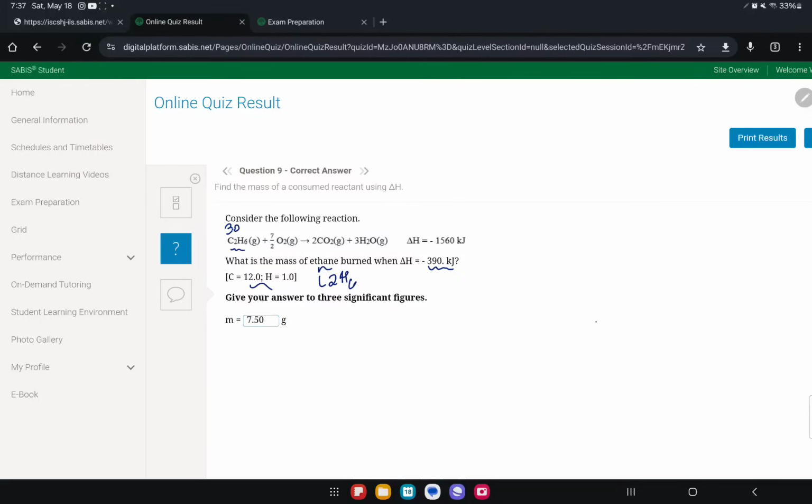So in this case, I have 30 grams and minus 1560 kilojoules. How about when I have minus 390 kilojoules? I don't know, so we put x grams and cross multiply, and you're going to get 7.5, put it to 3 significant figures. That's it. That's all you have to do.